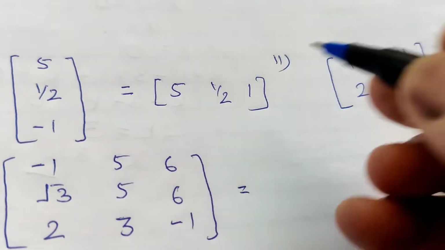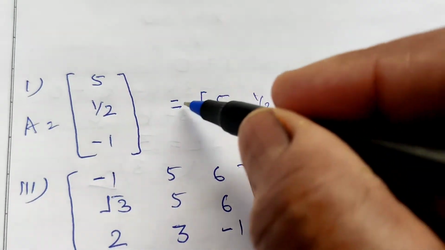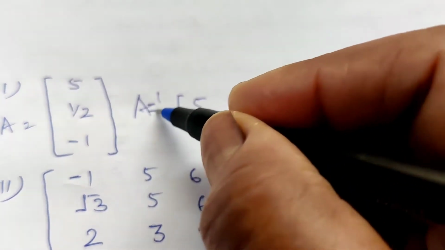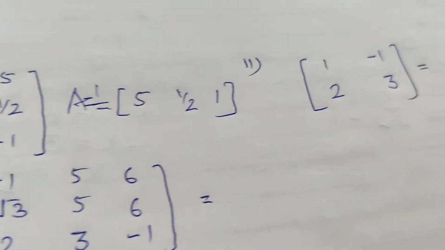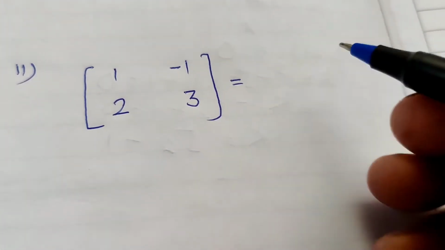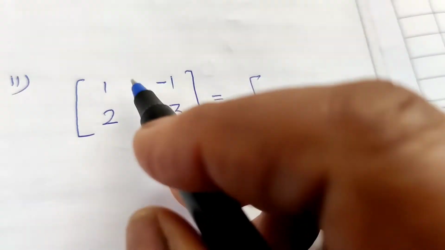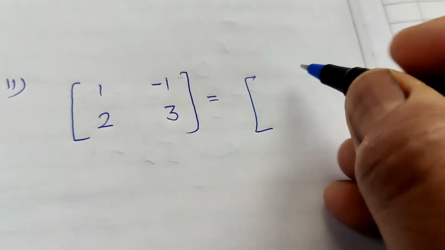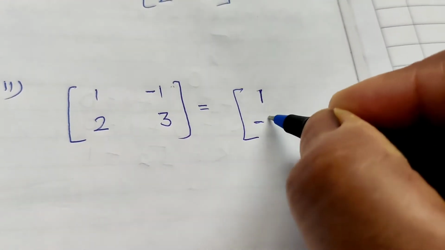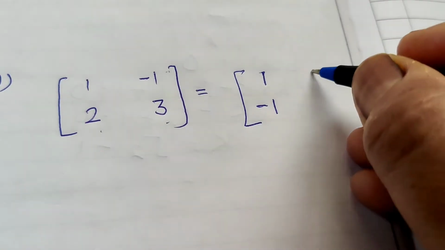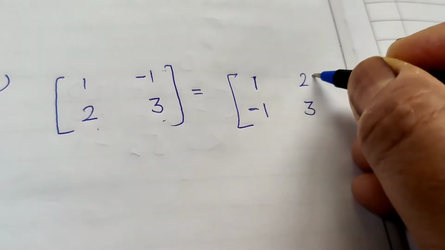This is the transpose. Suppose there is A, it means A dash. Same for the second one: the first row, 1, -1, is converted into a column, and the second row, 2, 3, is converted into a column. This is the transpose.